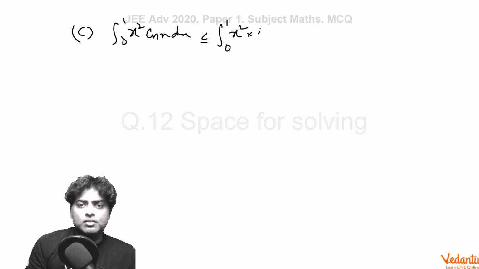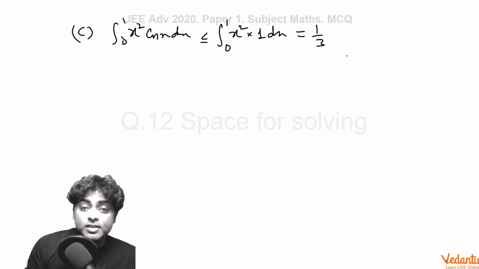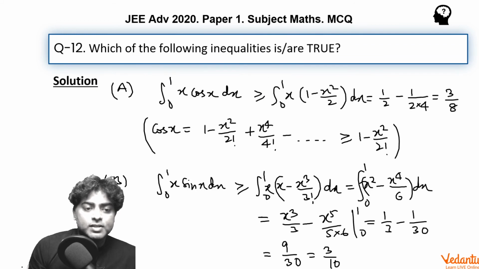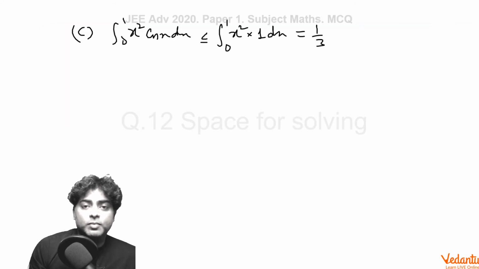Since cos x is less than or equal to 1, the integral is less than or equal to 1 by 3, which is less than 0.33. How can it be greater than half? So option C is not correct.